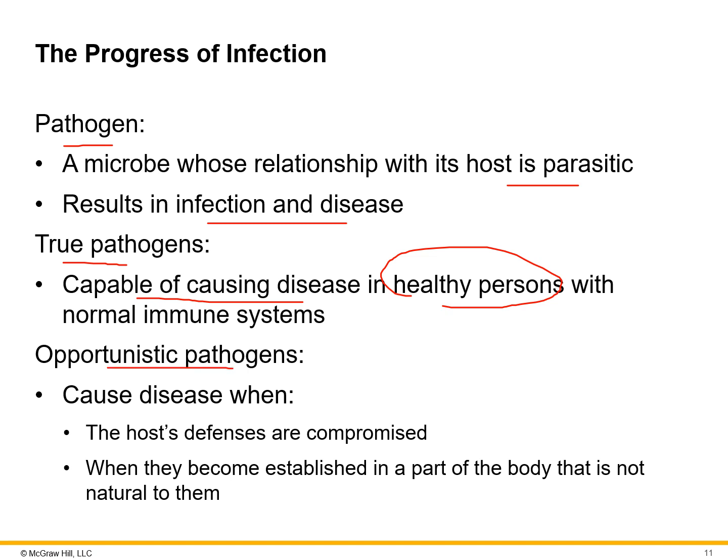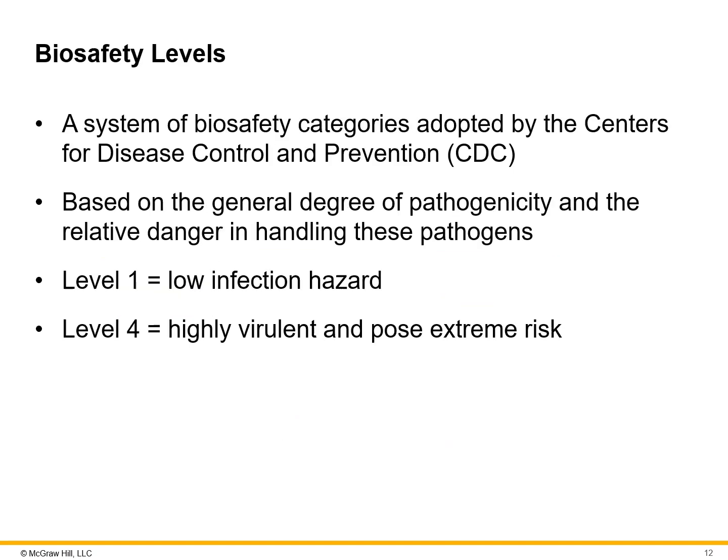Whereas opportunistic pathogens can only cause disease if the immune system is compromised, if there's a pre-existing condition like cancer or immunosuppressant drugs. So a true pathogen can cause a disease regardless of the state of the immune system. Opportunistic pathogens take advantage of that weakened immune system. That's the only time they can cause an infection.